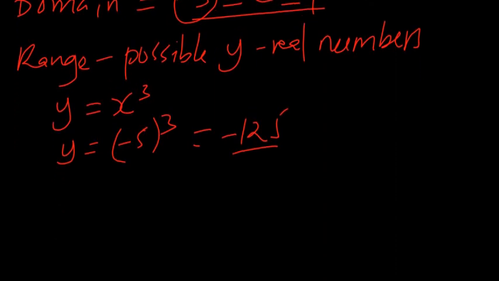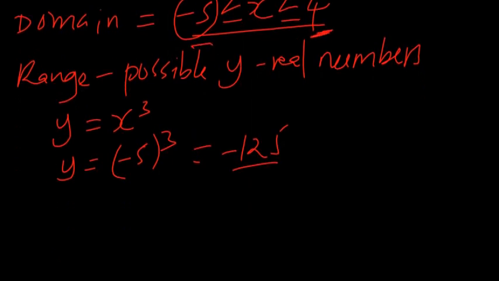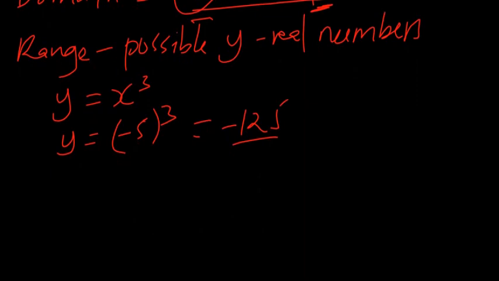Again, given that it goes up to 4, from negative 5 to 4, the next value of x will be substituted by 4. That's y is equal to 4 cubed, which is 64.